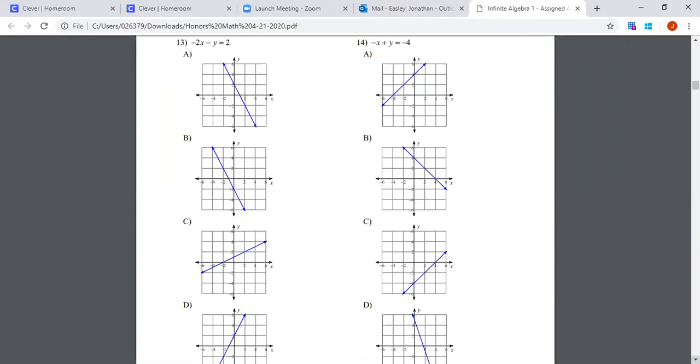Now, what is the y-intercept for this equation? What's it going to be? Is that -4 going to move or get changed at all when we solve this?